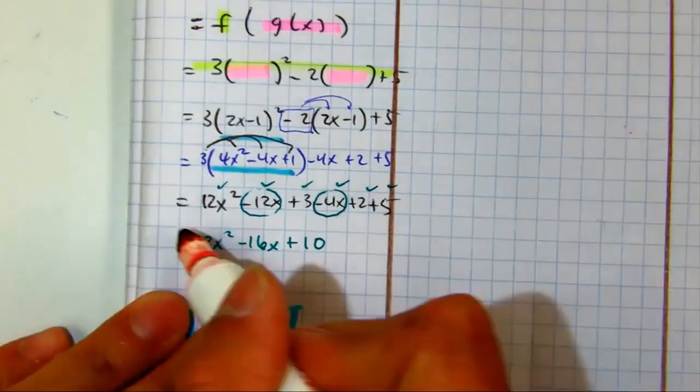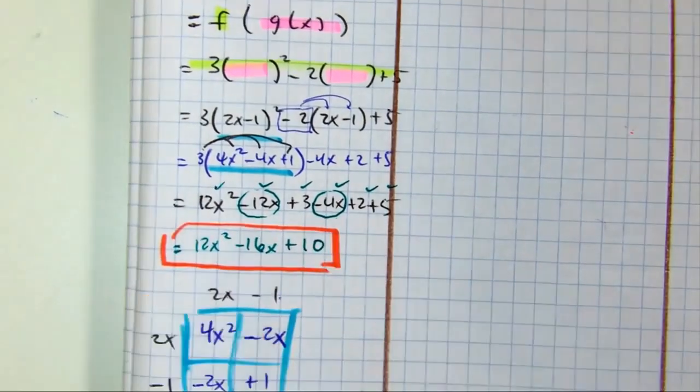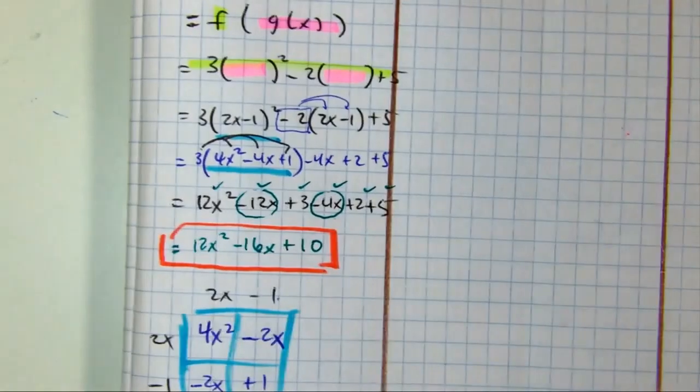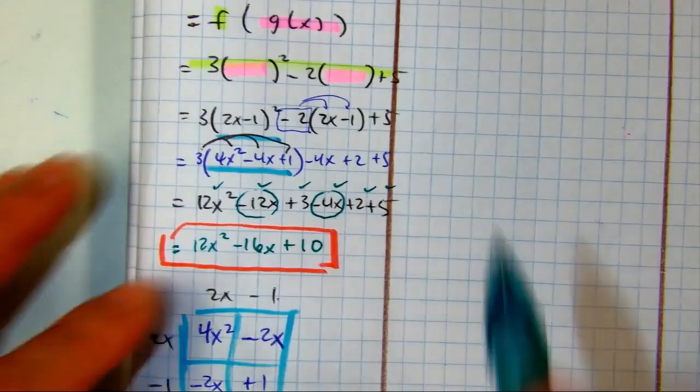I can simplify it, right? Raise your hand if you got that as your answer. Can I simplify it? Can you simplify it more? Yeah. Is that your question? All by 2? If you want to factor out a 2? No, divide it all by 2. So it's going to be 6x squared minus 8x plus 5.